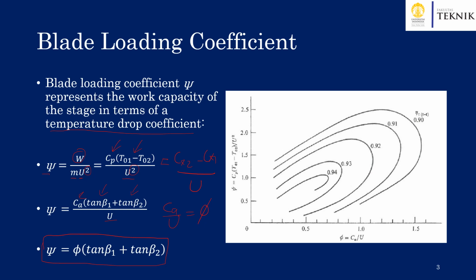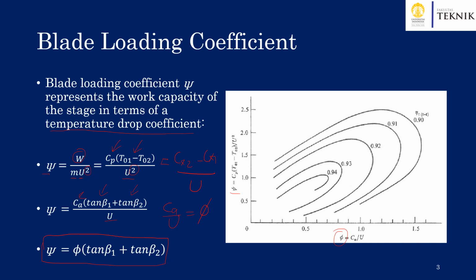To show the value of the blade loading coefficient, we normally use this graph that represents the blade loading coefficient as a function of flow coefficient, and each curve here represents a different total to total isentropic efficiency.